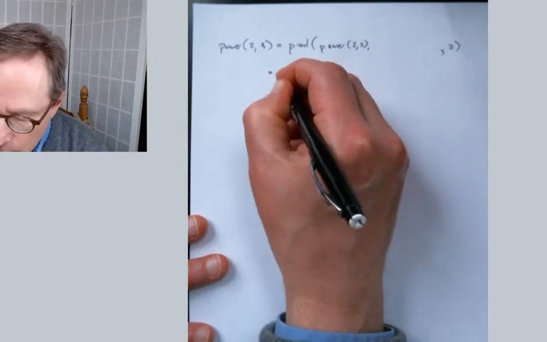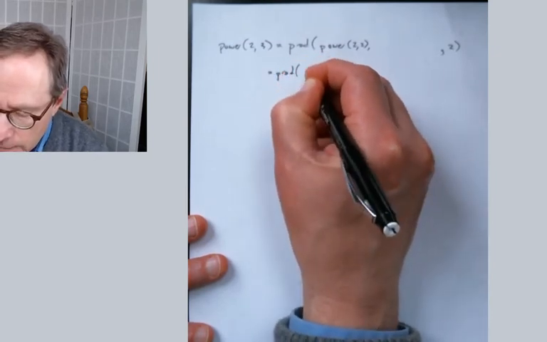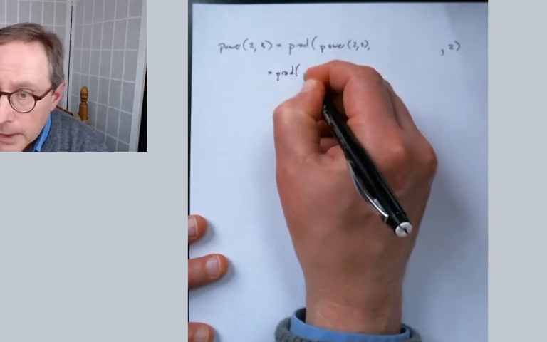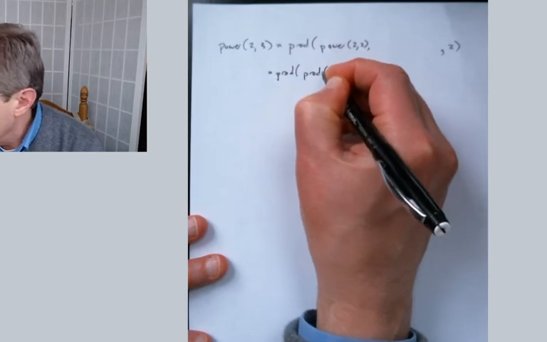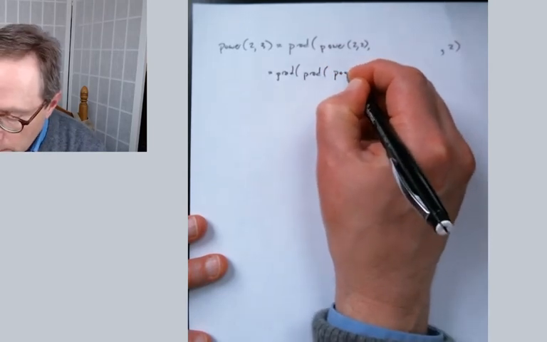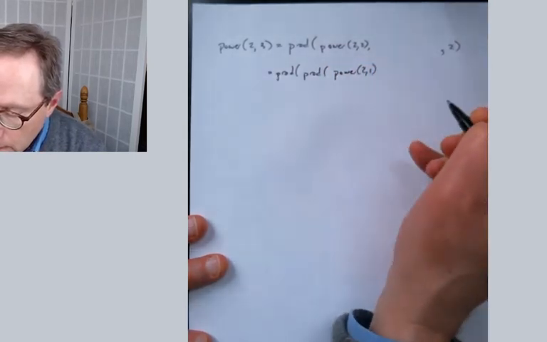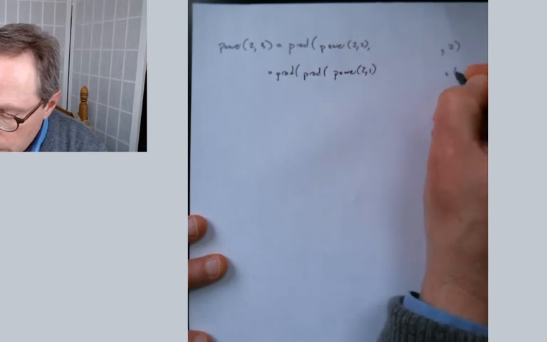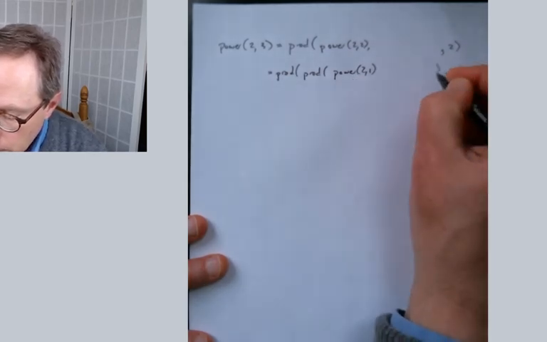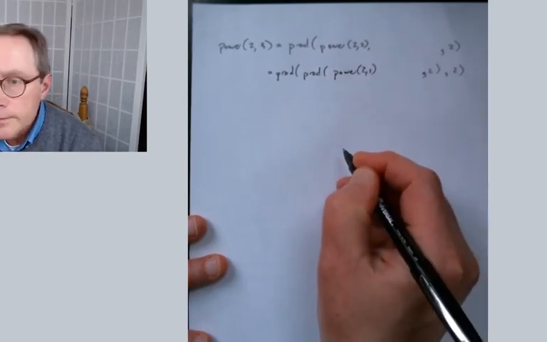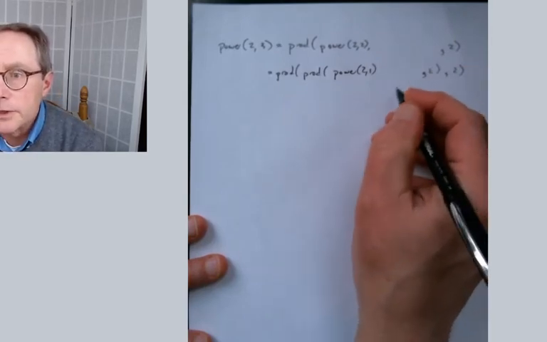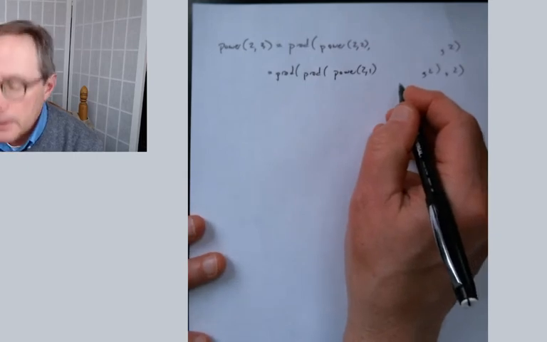The product of power expands to the product of the power of 2 and 1. Don't forget this comma 2 over here: power of 2 and 1, comma 2. I know the spacing is a little obnoxious, but there we go.